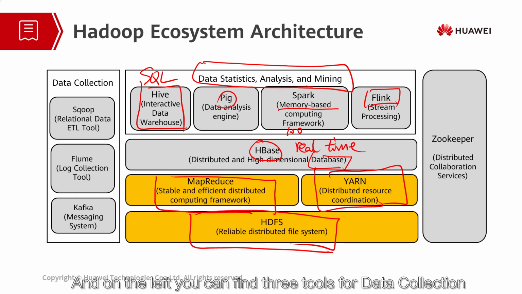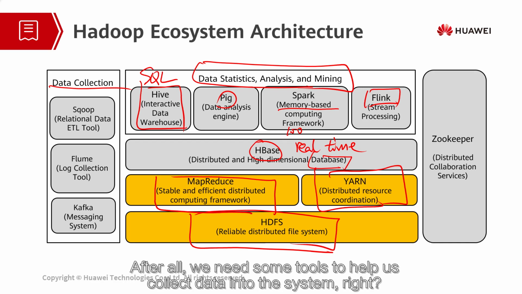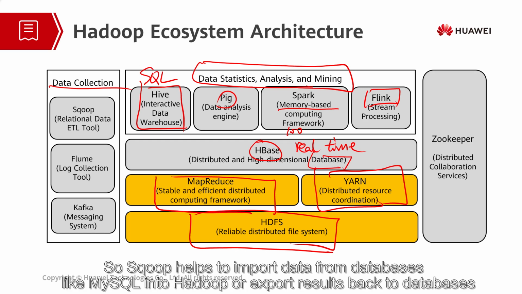And on the left, you can find 3 tools for data collection. After all, we need some tools to help us collect the data into the system, right? So Sqoop here helps to import data from databases like MySQL into Hadoop or export results back to databases.